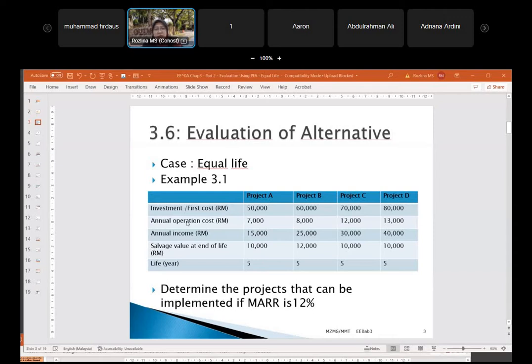Must be A. But it is downward. Okay, A is downward. Okay, annual income.